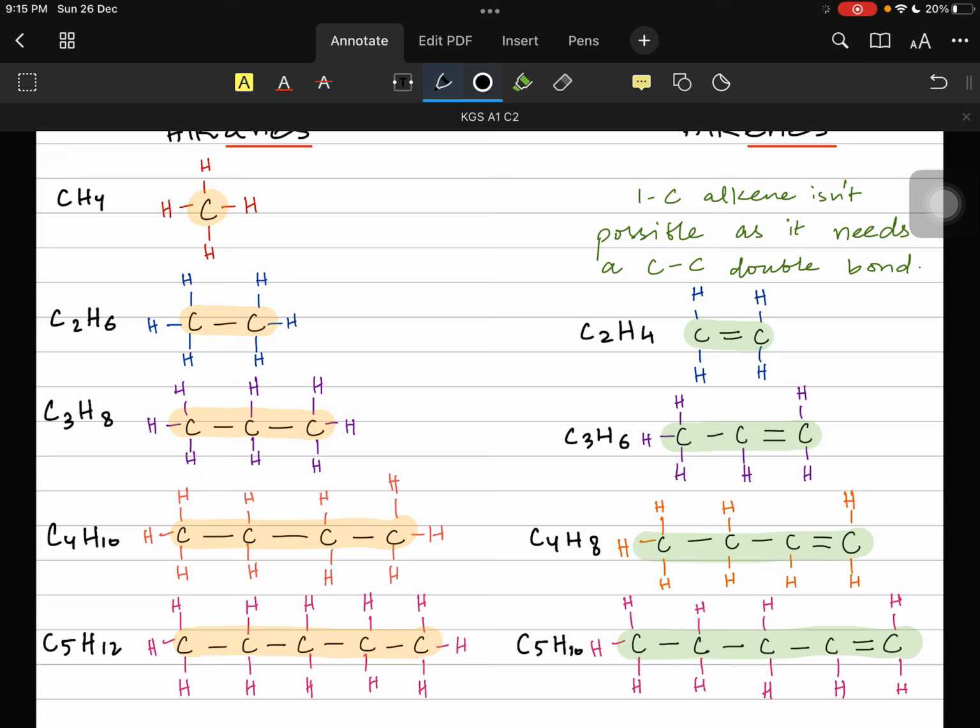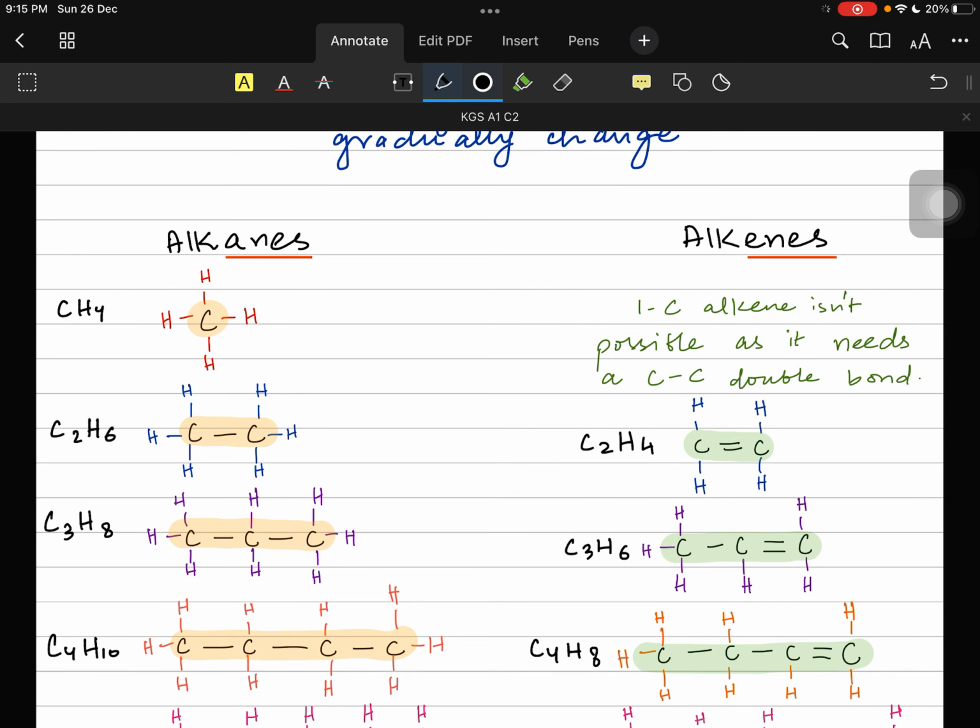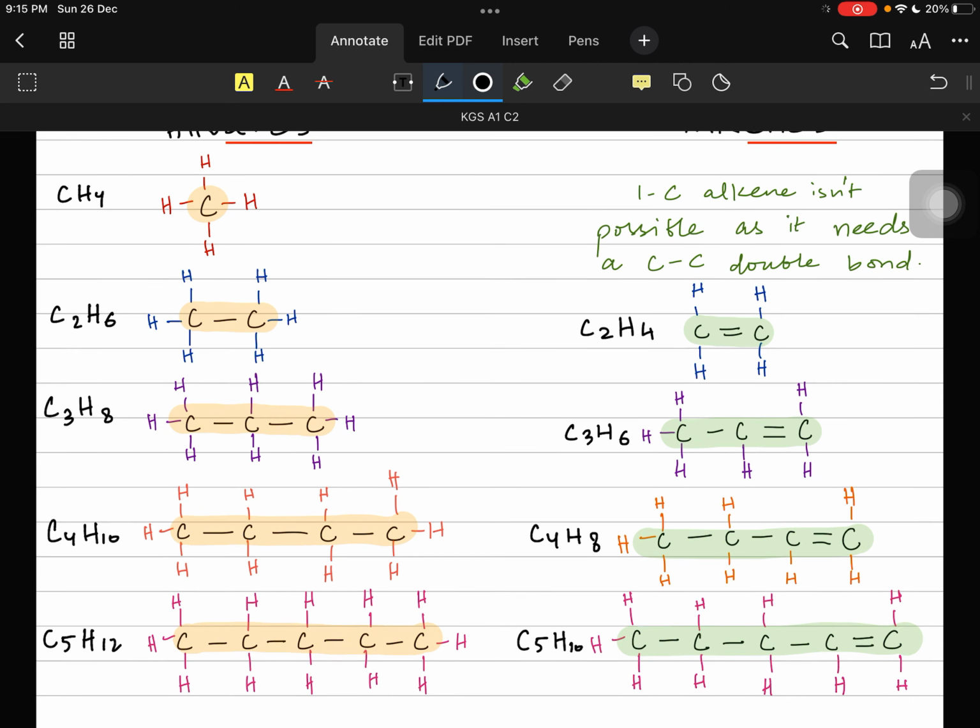These are called homologous series because they are a whole family of organic compounds which have the same kind of chemical structure. I'm not saying exactly the same because there are different numbers of carbon and hydrogen, but they have gradually changing physical properties.